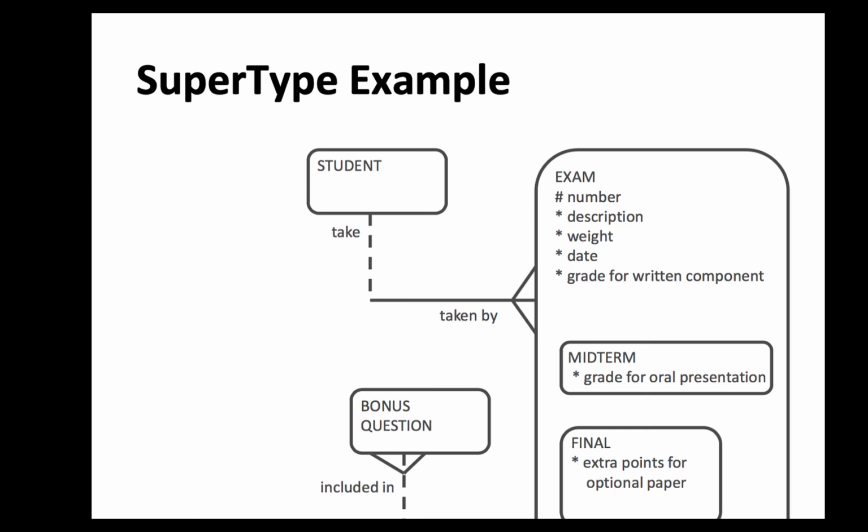But this relationship with bonus question is only related with quiz, a subtype relationship. So this relationship is not related with final exam, not with midterm, not with the exam supertype, okay? Just like your friends are not your father's or mother's friends as well.